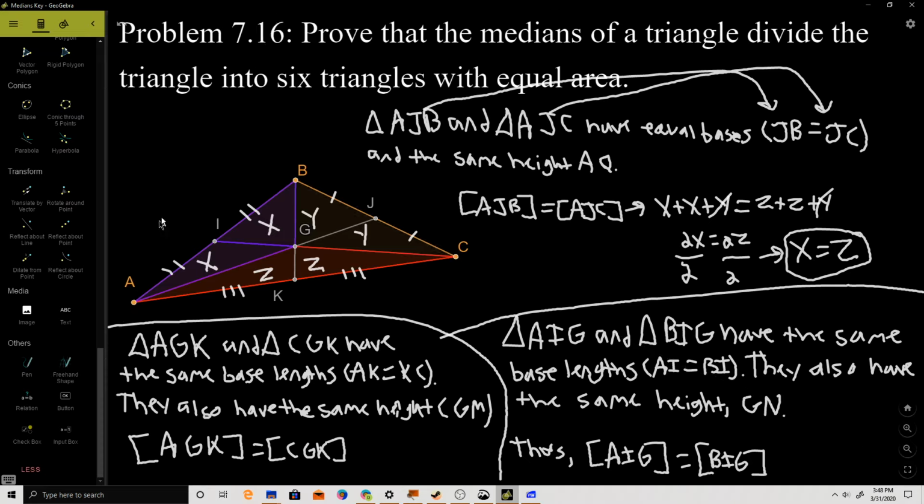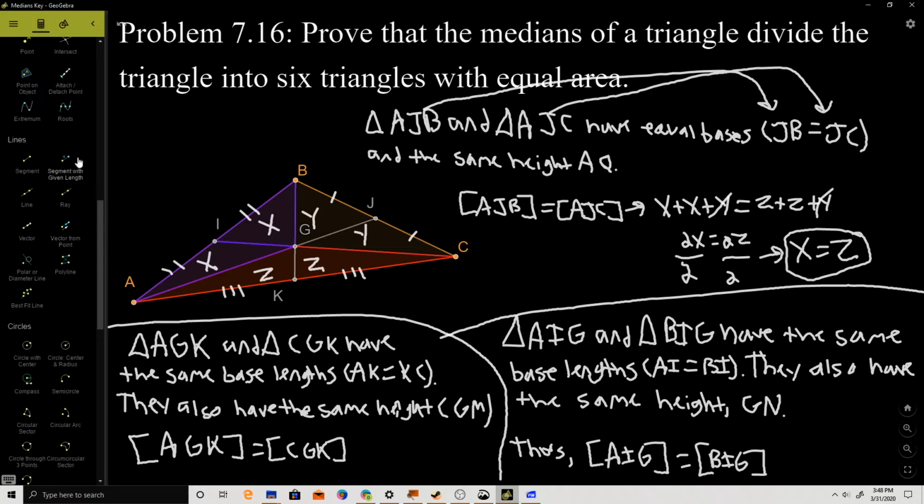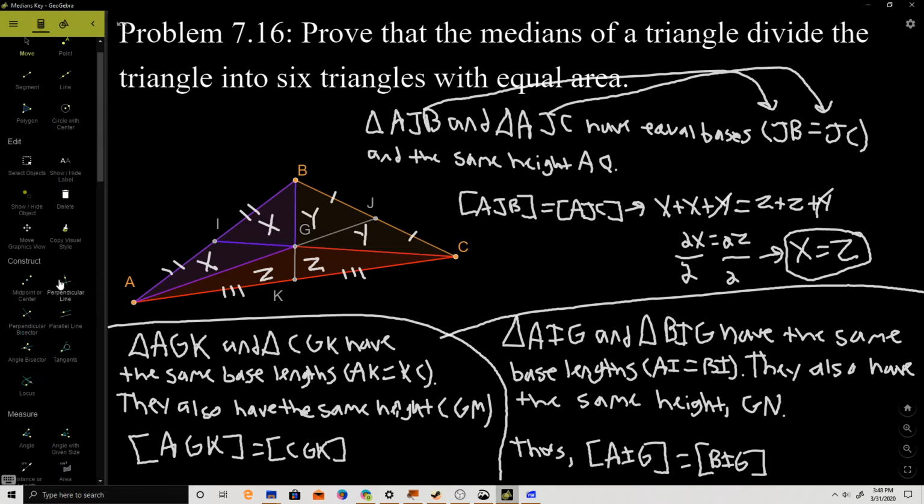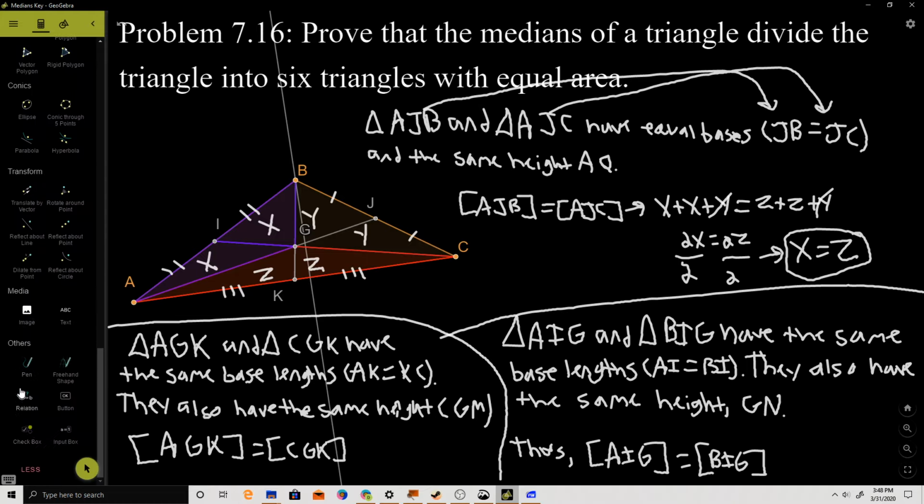And instead of using A as your height, why not use B as your height for this one? So, to find the height again, we want that perpendicular tool, B, and then my height would be at AC, the opposite side. And again, I'm not doing a full proof. I'm just going to give you the starting point on how to get it.